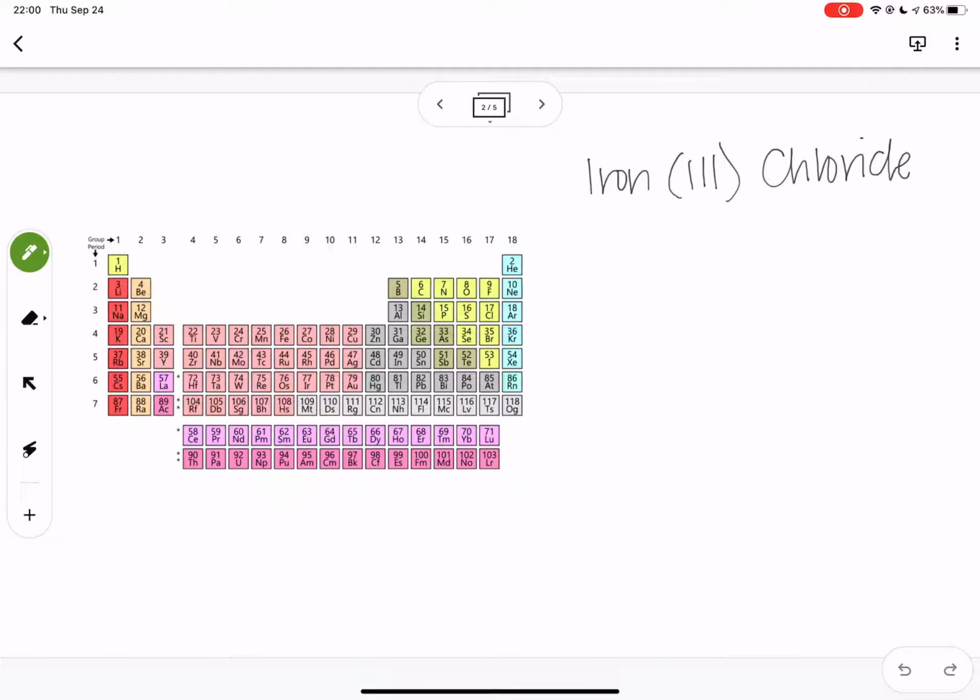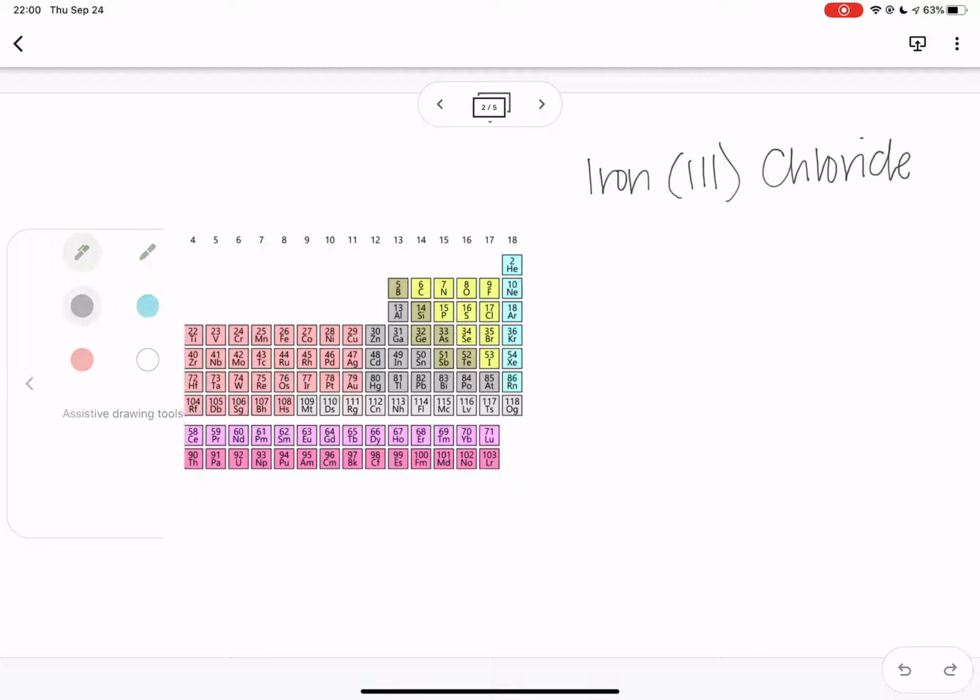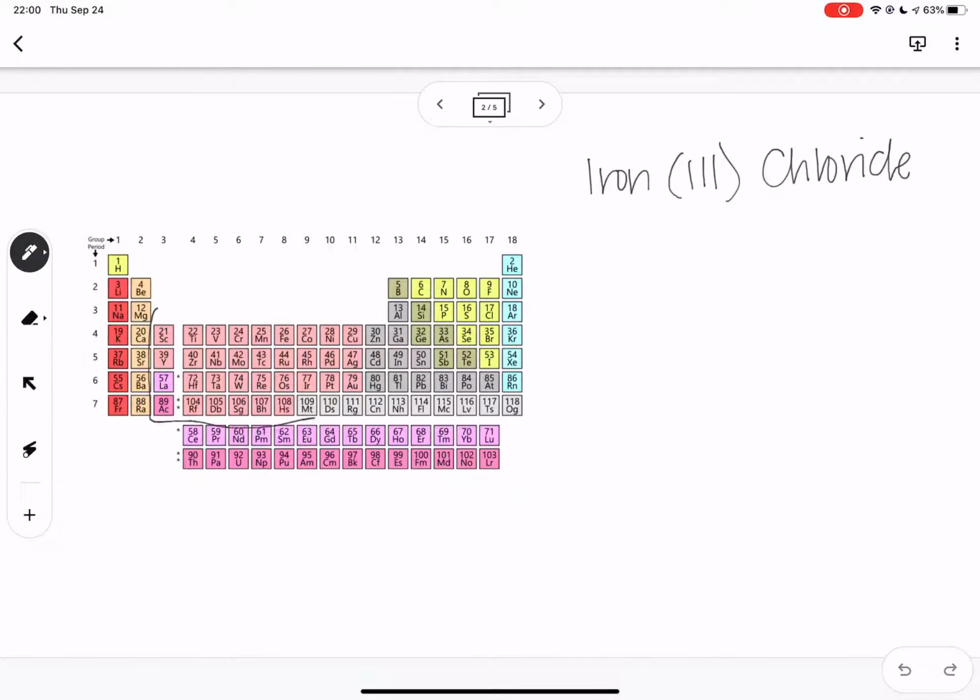Now remember earlier I said let's go ahead and just skip this middle block because the ionic charge can vary. These are called the transition metals. The ionic charge can vary, and therefore it has to be identified with a Roman numeral. So here the example I'm showing you is iron 3 chloride. This is Roman numeral 3.